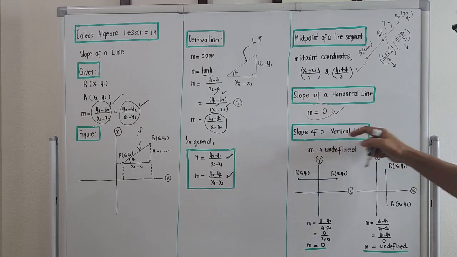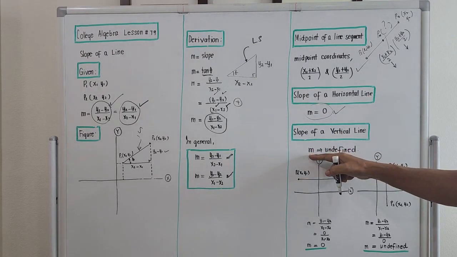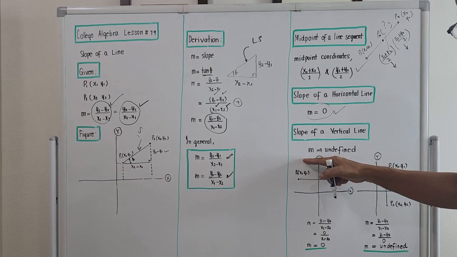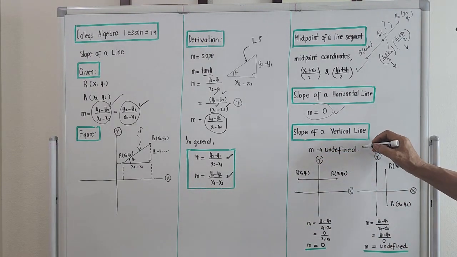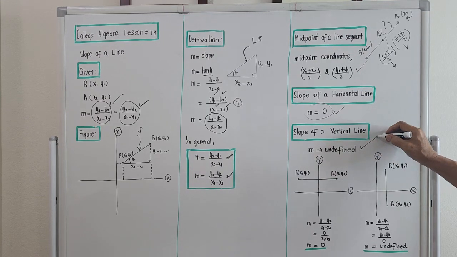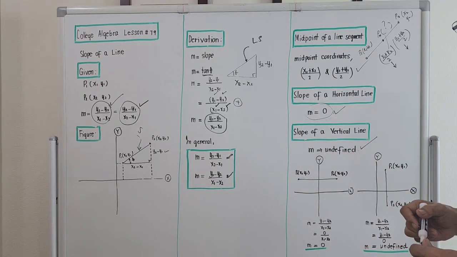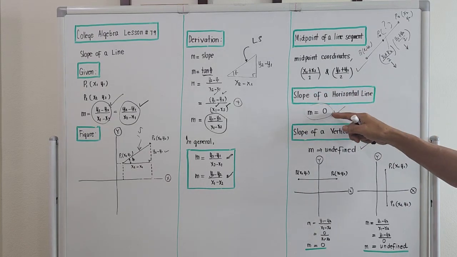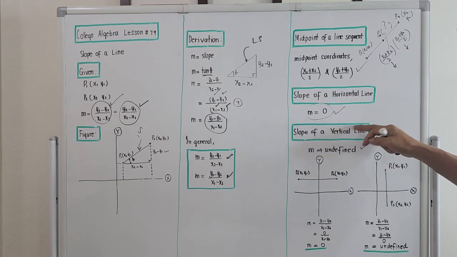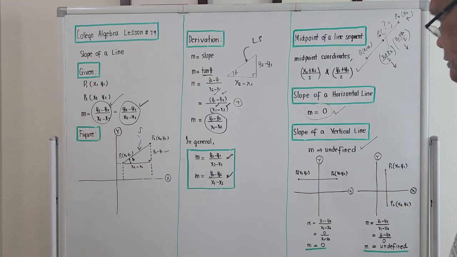And the slope of a vertical line, if we are considering a vertical line, is actually undefined. It will not exist. Okay? So how could we prove that the slope of the horizontal line is 0 and the slope of a vertical line is undefined? It's easy.